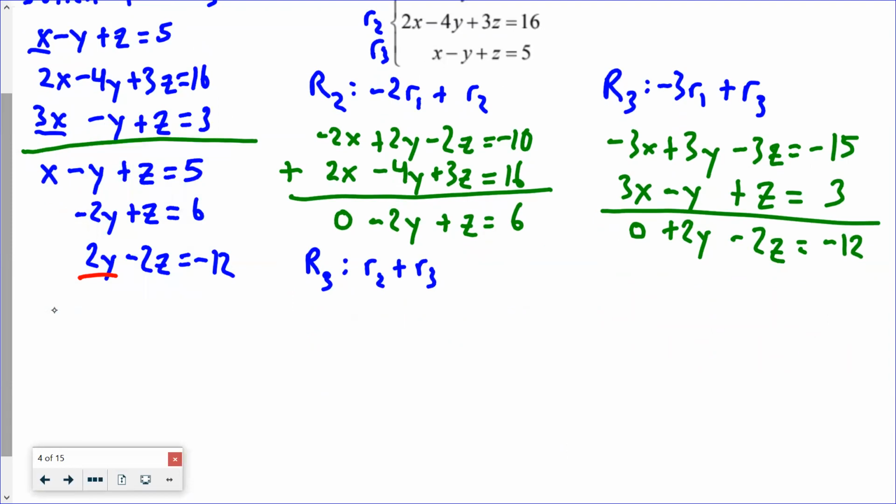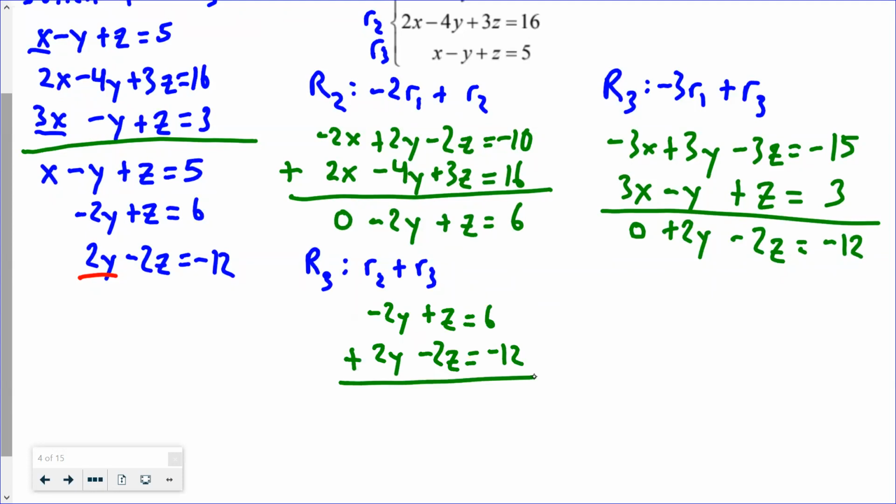Currently row 2 is negative 2y plus z is equal to 6. And row 3 is 2y minus 2z is equal to negative 12. If we add those together, the negative 2y plus 2y gives me 0. z minus 2z is negative z. And 6 minus 12 is negative 6.